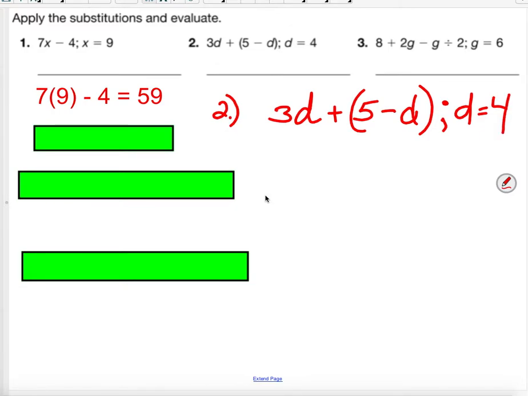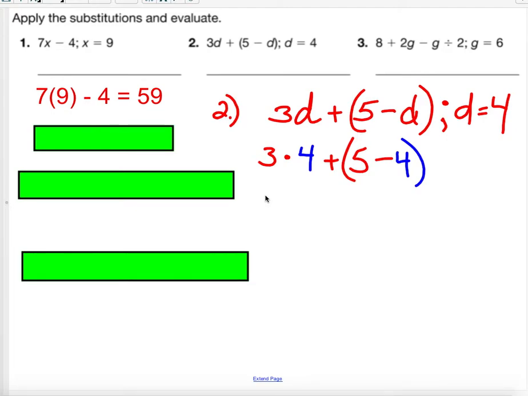In this case, we simply rewrite our expression using the value of 4. So we would have 3 times the value of d, which is 4, plus 5 minus the value of d, which is 4. And now we can solve and evaluate our expression.